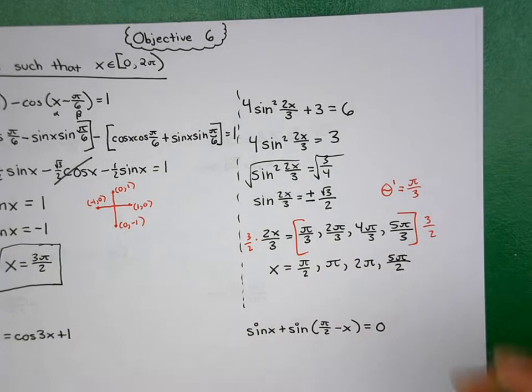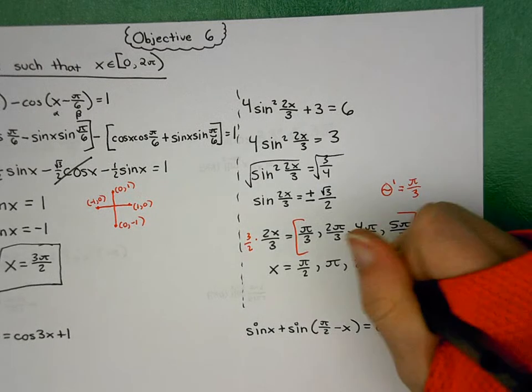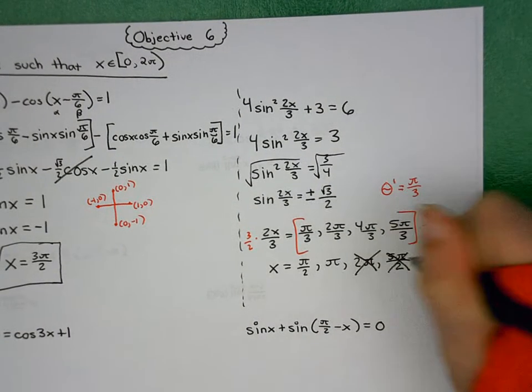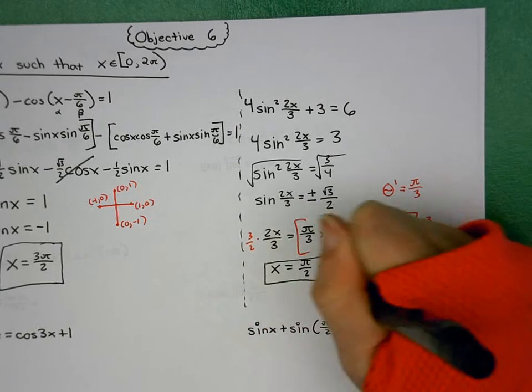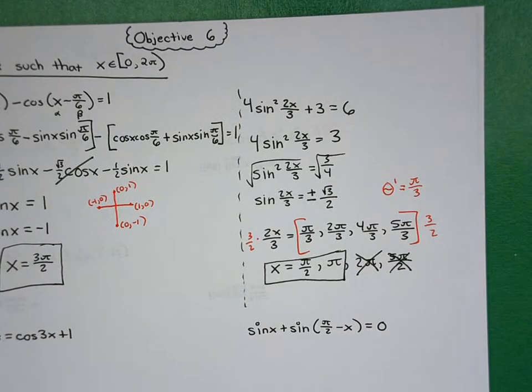Okay? And so in this case, we actually end up with 2 answer choices being crossed off. Both 2 pi and 5 pi over 2 lie outside of my restricted domain, and so my only answers would be pi over 2 and pi. Okay?